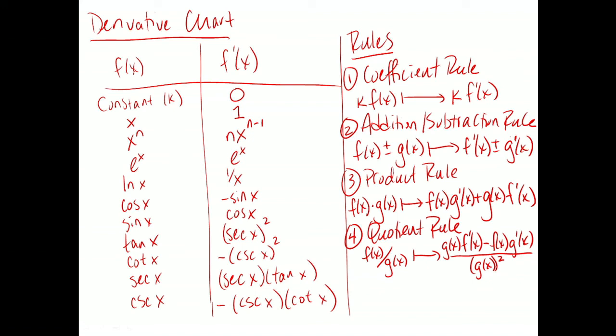And in reality, most things are combinations of these things. Maybe you need a product rule inside of a quotient rule, or maybe you need an addition rule inside of a product rule, whatever, right? These things can be combined as needed. And armed with our master chart here on the left of all of our basic guys, you've got an awful lot here that you can do.